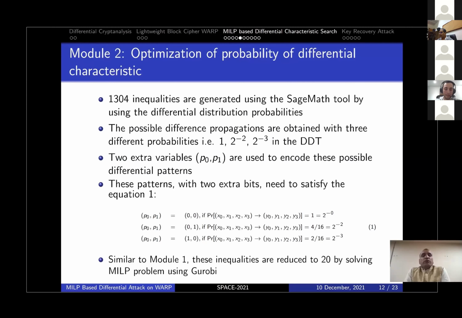We get 1304 inequalities using the SageMath tool, and similar to module 1, we reduce these inequalities and get 20 linear inequalities which are used in module 2 to optimize the probability of a differential characteristic.